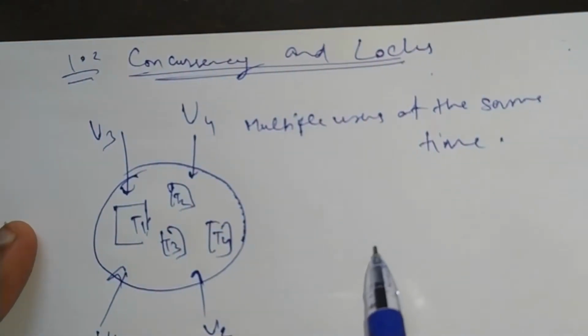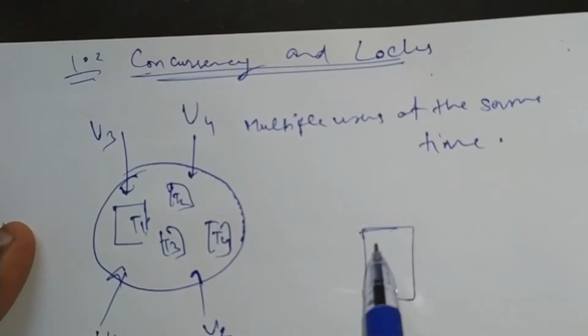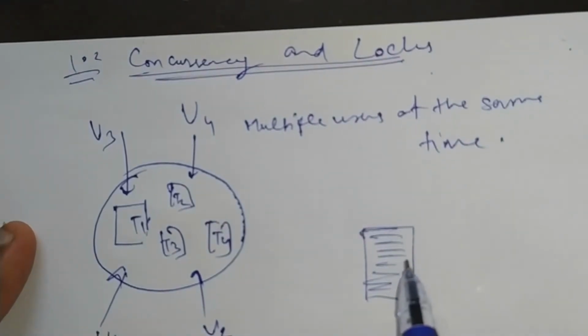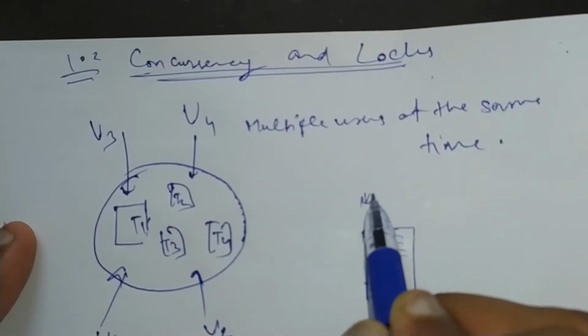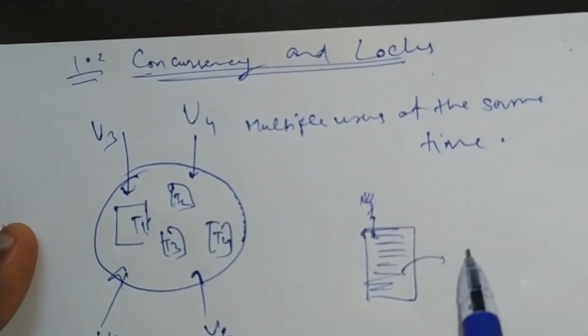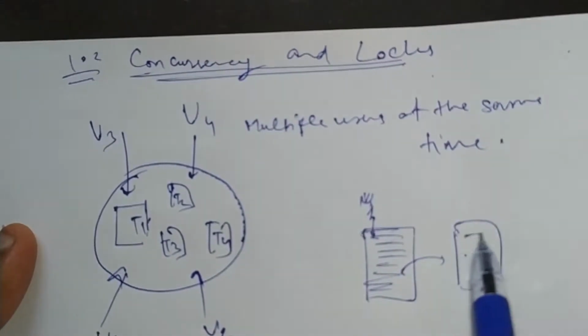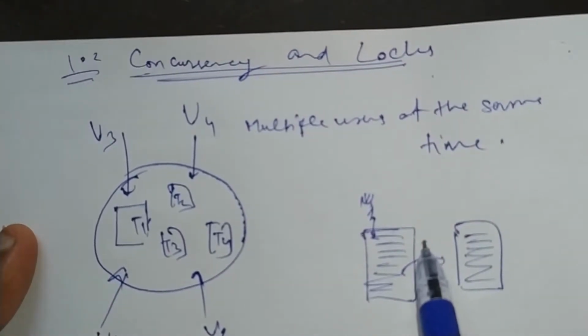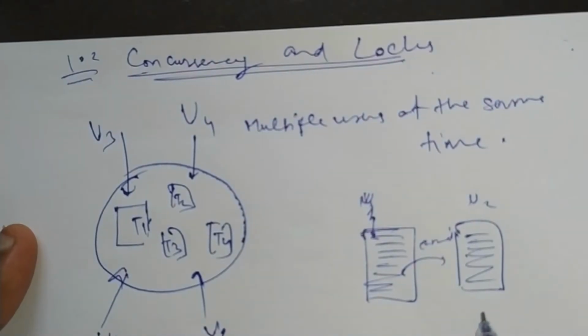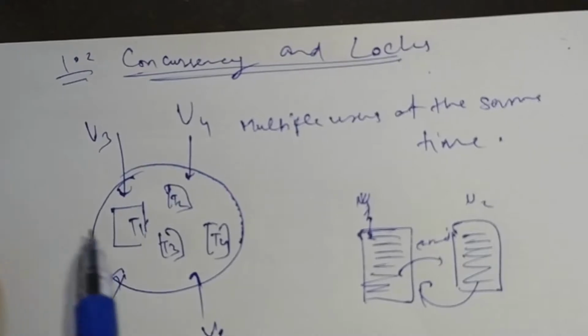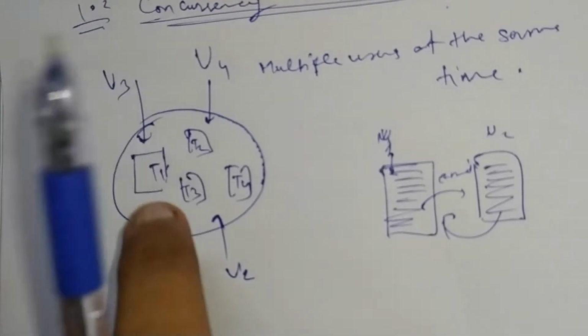Unlike the old times when we had Excel sheets, when you had to work on an Excel sheet, only user 1 could work, and then he had to save it, mail it to someone else, and then user 2 would work, and similarly he would email it back to user 1 to make some other changes. But here multiple users can work at the same time.